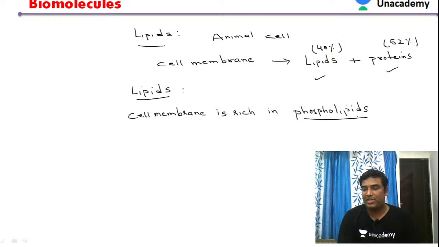Cell membrane is rich in phospholipids, nearly 70%.